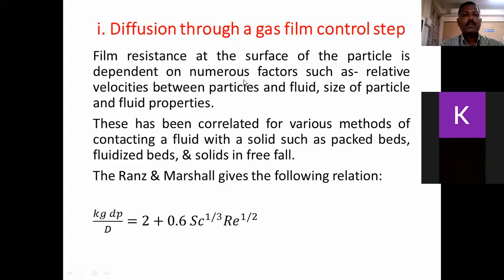Film resistance at the surface of the particle depends on numerous factors such as relative velocity between the particle and fluid, size of particle, and fluid properties. That is very important. Sometimes these factors of the controlling step will be asked: relative velocity of the fluid and particle, size of particle, and fluid properties, and also pressure and temperature.